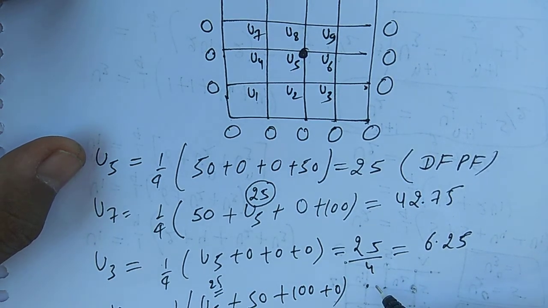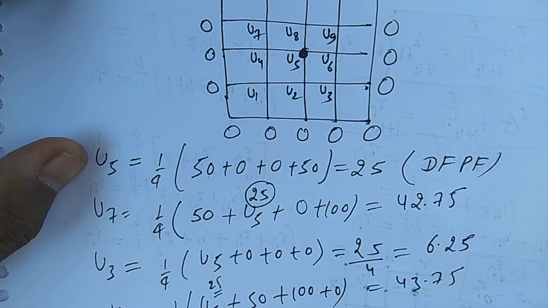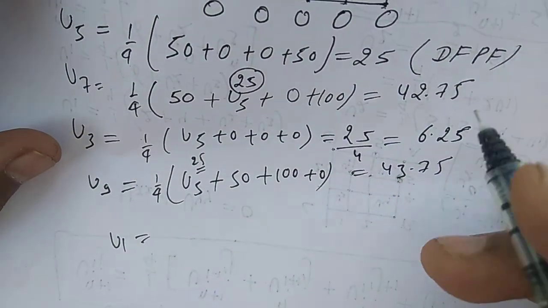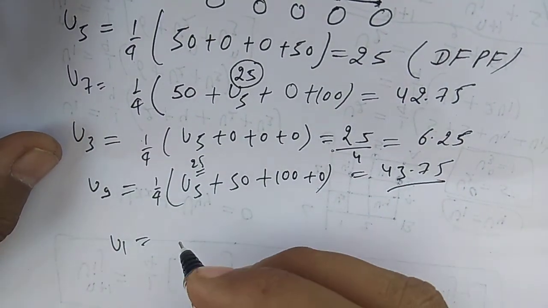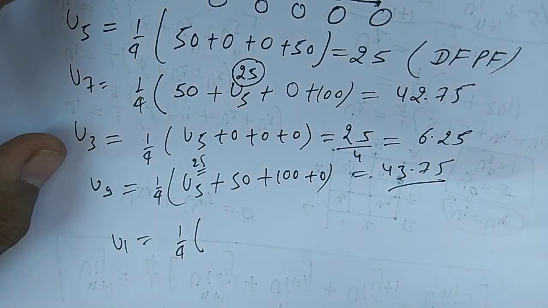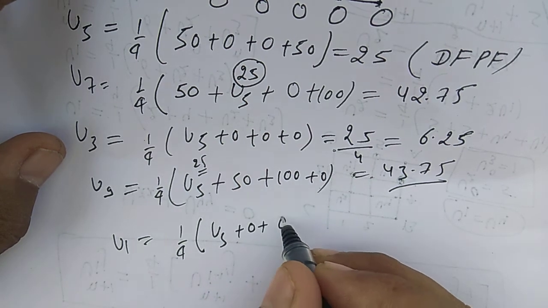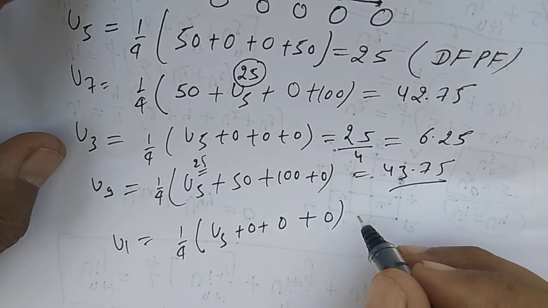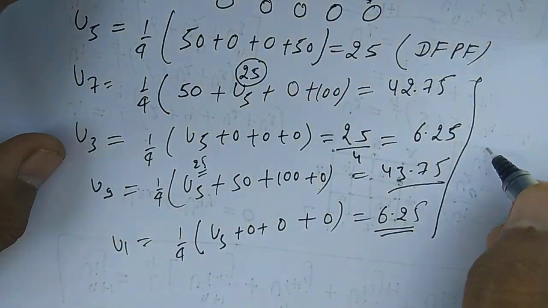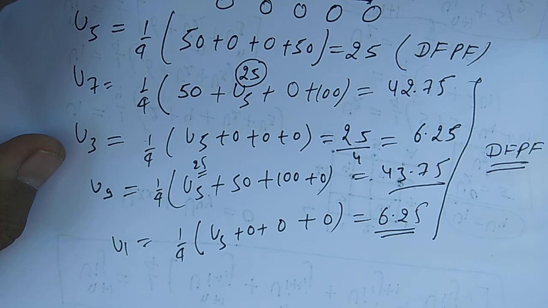So if you solve, u9 will come 43.75. Now u1 equal to 1 by 4 of u5 plus 0 plus 0 plus 0. So we get 6.25.